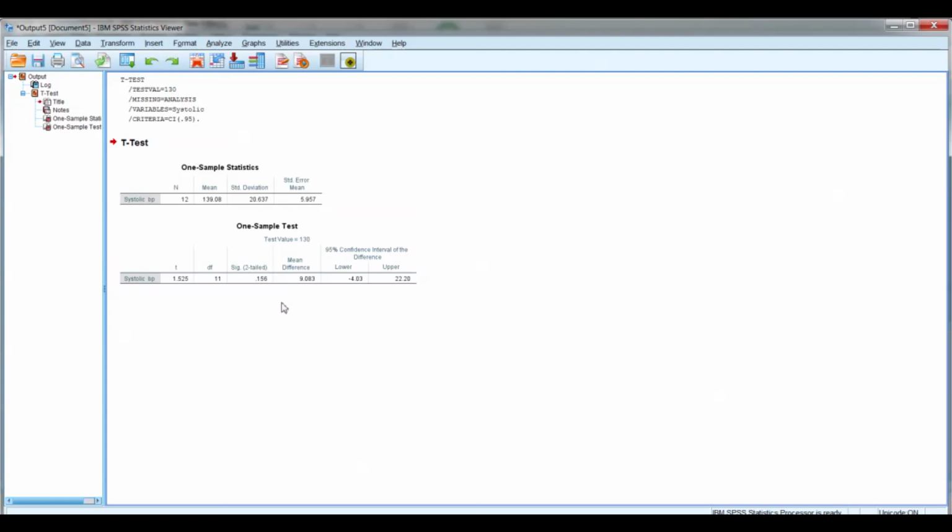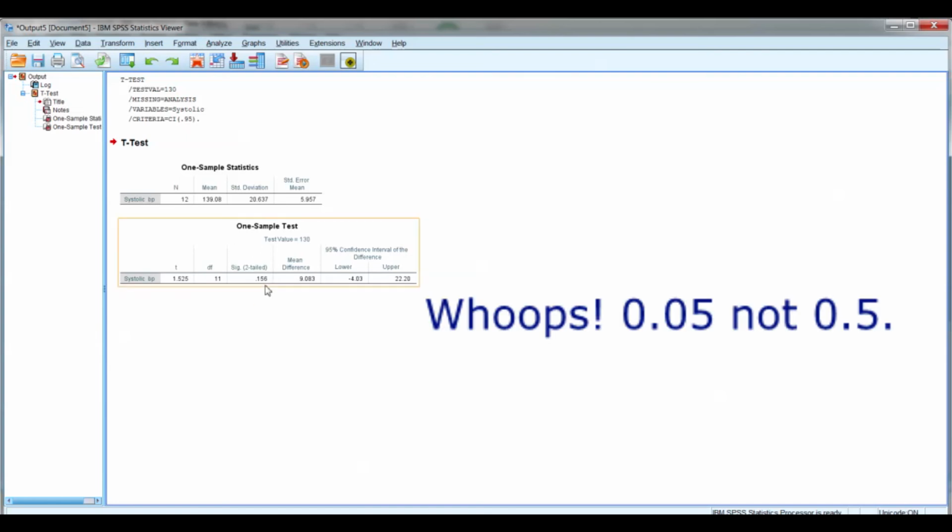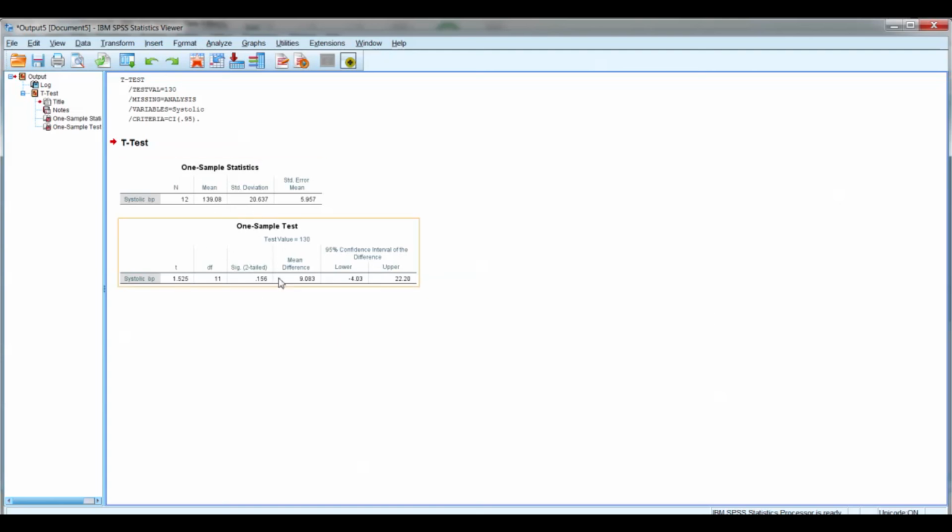The p-value is 0.156, which, if we use a threshold of p of 0.05, does not reach statistical significance. So we can say that, unfortunately, there was really no difference in terms of reaching that threshold of 130, given our special diet or intervention.